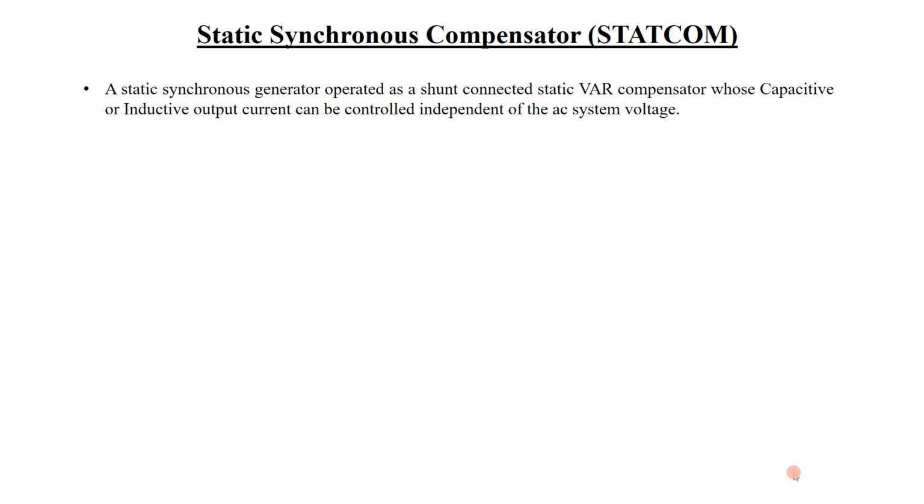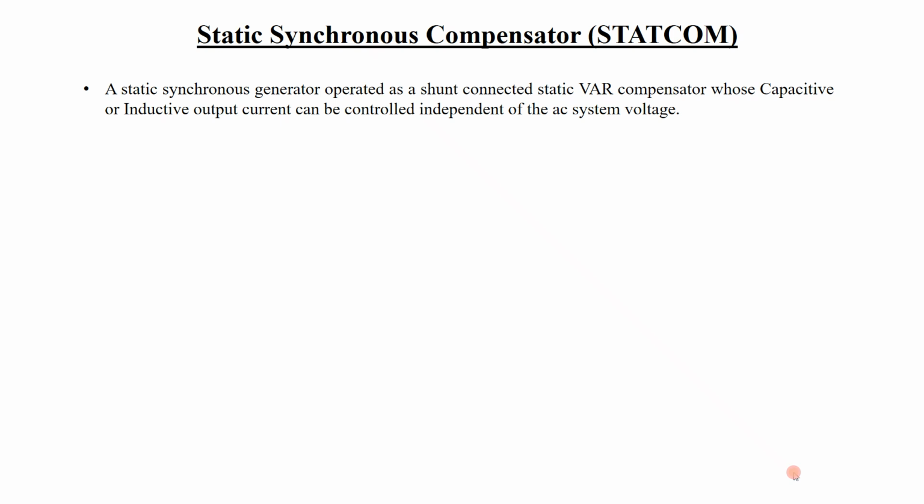That means in a system, if the reactive power demand is more, then it will generate reactive power, that is, it will allow the capacitive current to flow. When the reactive power demand is less, there is excessive capacitance in the system, so reactive power has to be consumed.